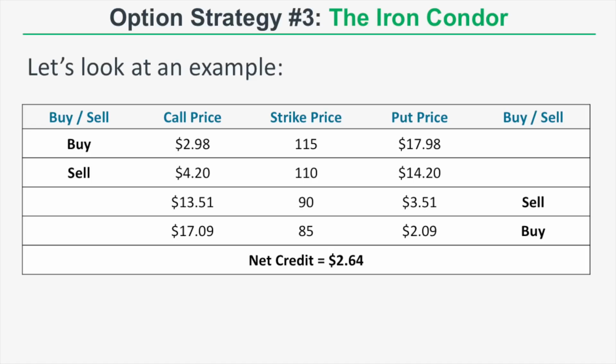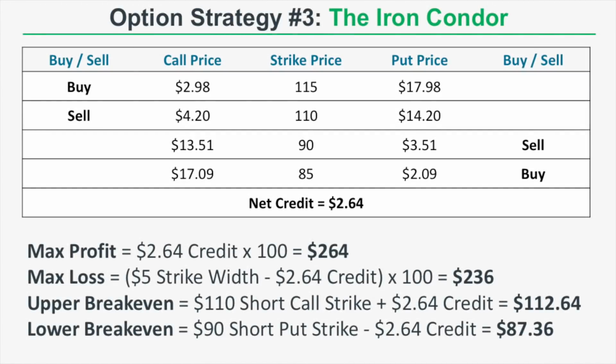Now from selling both of these spreads, we're going to collect a net credit of $2.64. So since we collect a net credit of $2.64, our maximum profit for each Iron Condor that we sell is $264. Now our maximum loss potential is actually the same on both sides since we sold a $5 wide call spread and a $5 wide put spread.